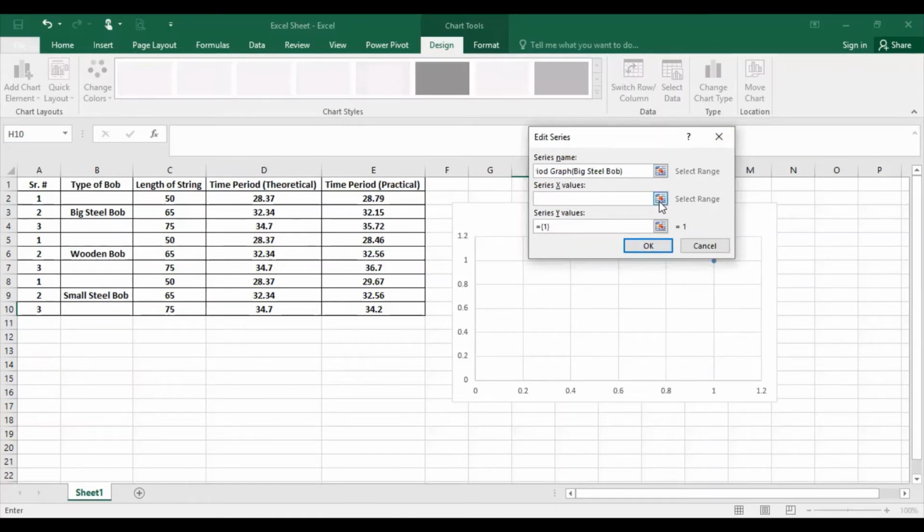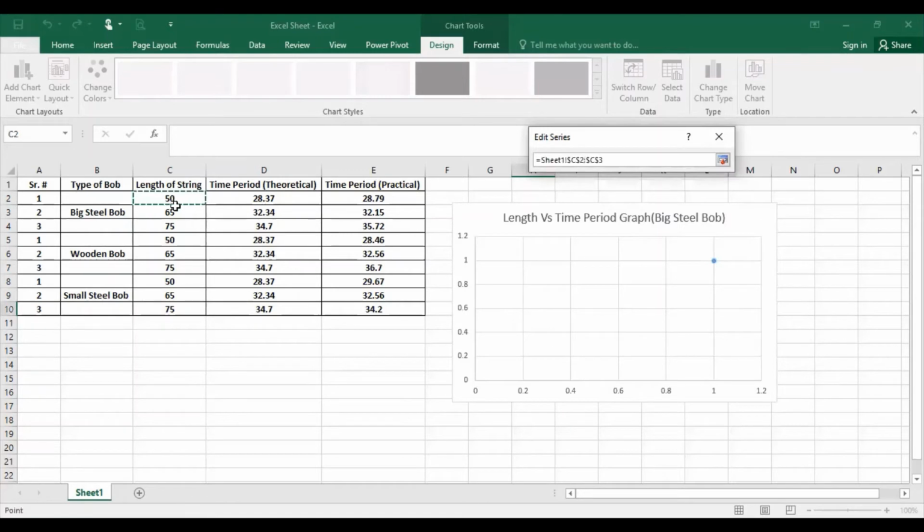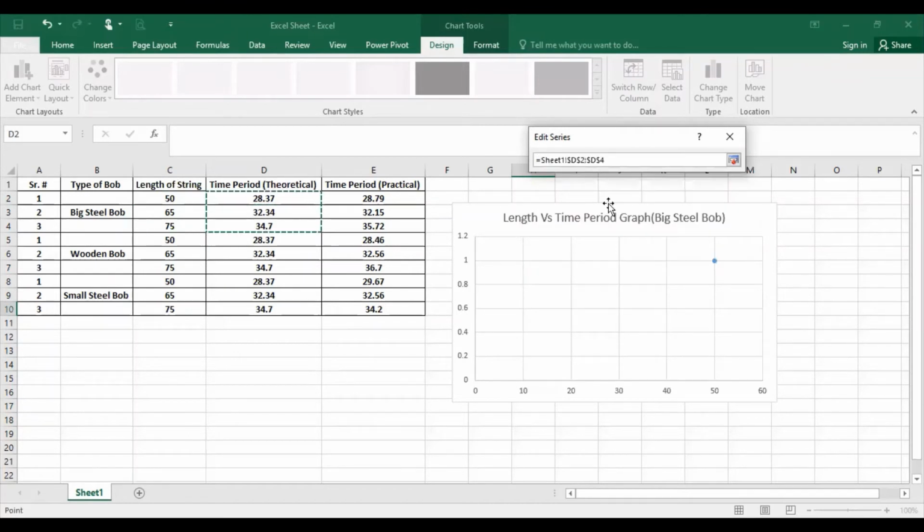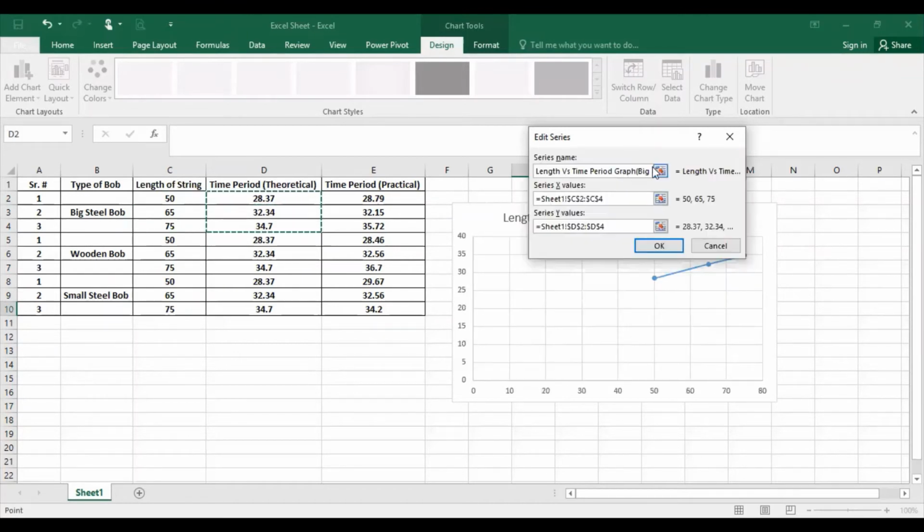Now I'm going to take x values, because two graphs will be plotted for the steel bob, and y values will be theoretical, or you can say analytical. Theoretical one, so it's graph.